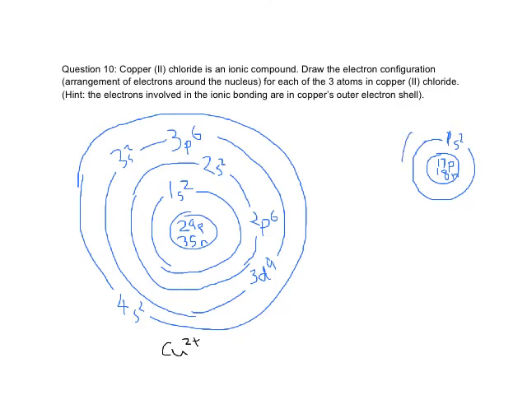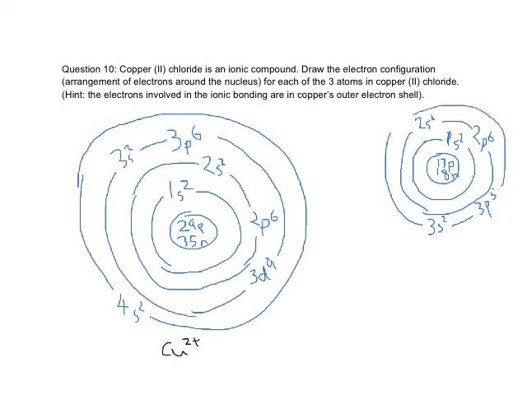Next shell will be 2s2 and 2p6, and then its third shell is going to have 3s2, but because it's only got 7 in the third shell, there's only 5 p electrons, because 2 and 5 make 7, and that's the third shell done.